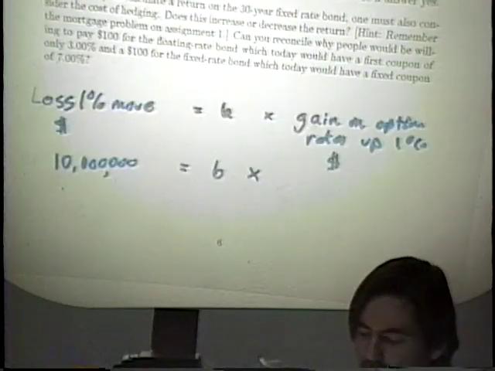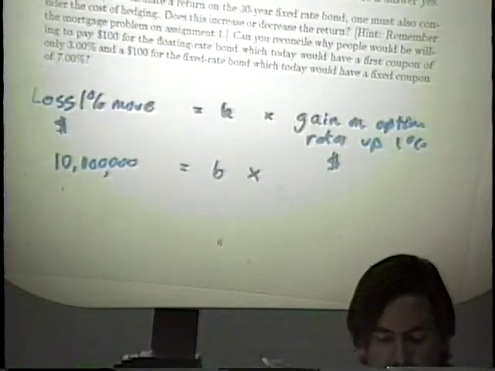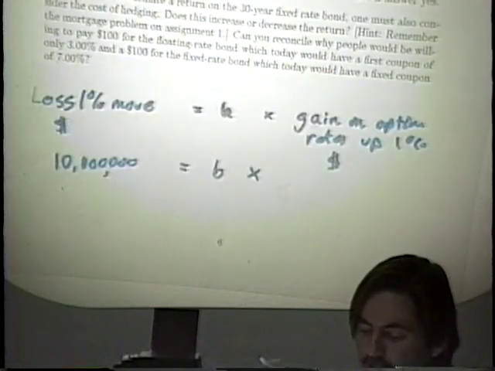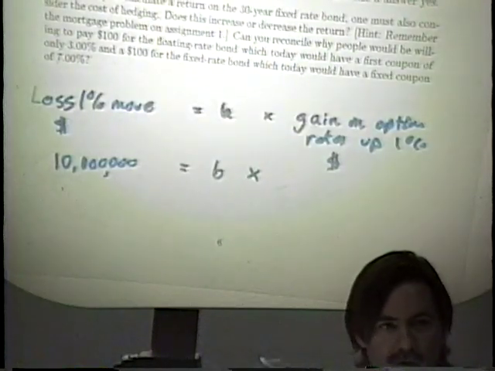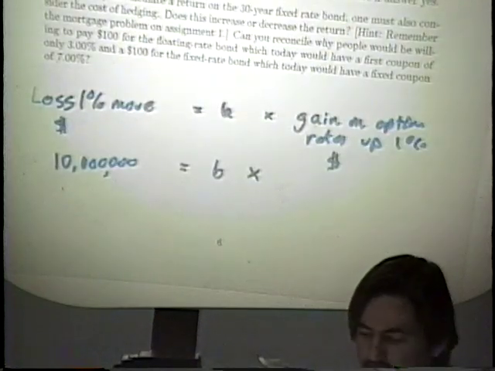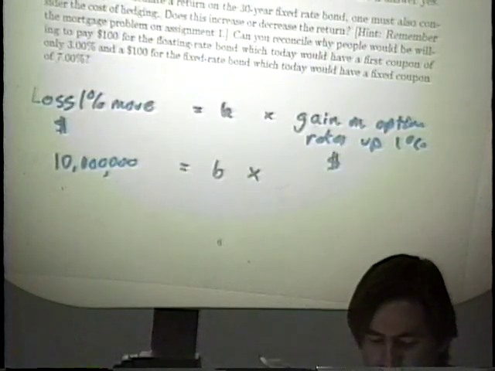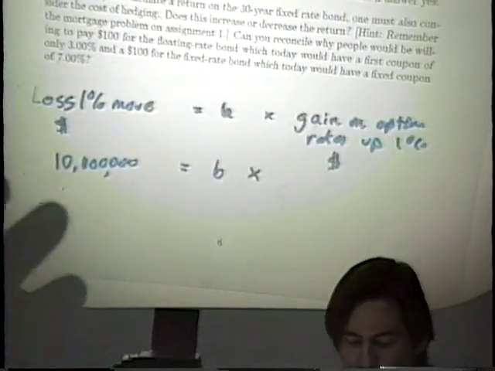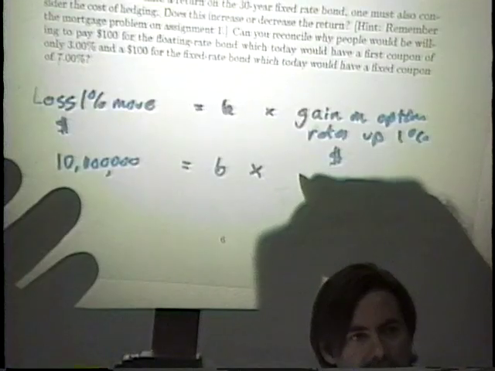What kind of option contract do we want? And what is the gain going to be on a $100,000 contract if rates go up by 1%? Elasticity is 6%, so the gain is going to be $6,000.